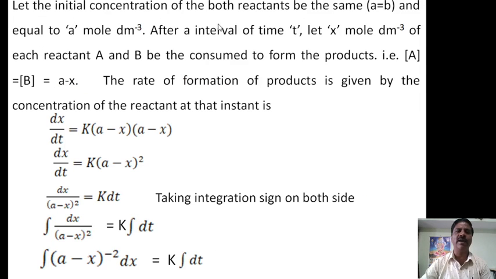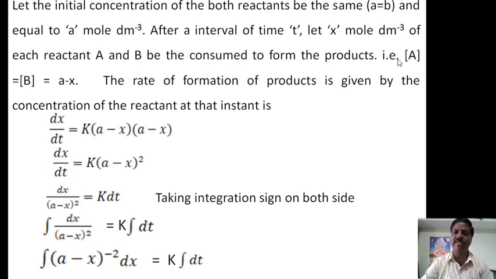Let the initial concentration of both reactants be the same, that is a equal to b equal to a mole per cubic decimeter. After an interval of time t, let x mole per cubic decimeter of each reactant A and B be consumed to form the product.